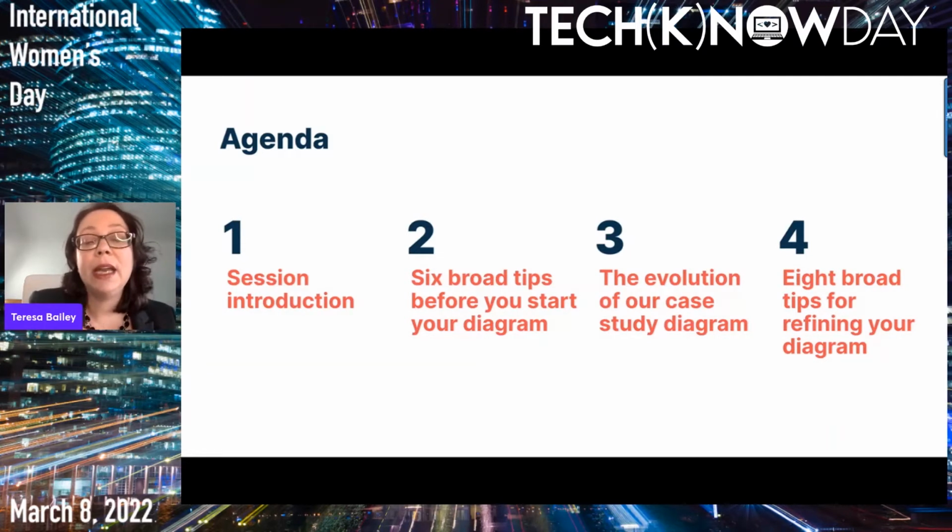We're going to use that as an example and show how that evolved and how we improved it over time. And then I'm going to give 8 broad tips for refining and tweaking the usability. And again, you don't need any special apps to do this. You can just use Google Slides or PowerPoint, whatever slide program you use or something equivalent.